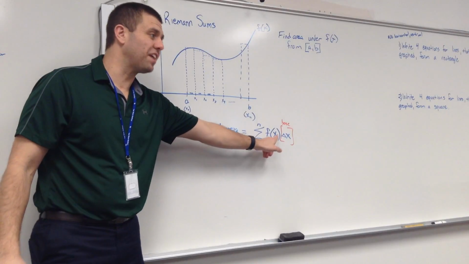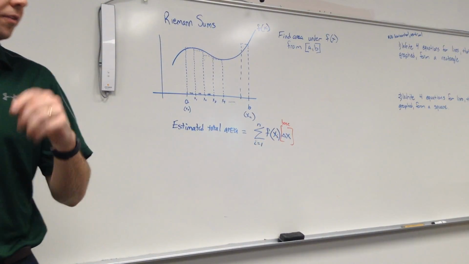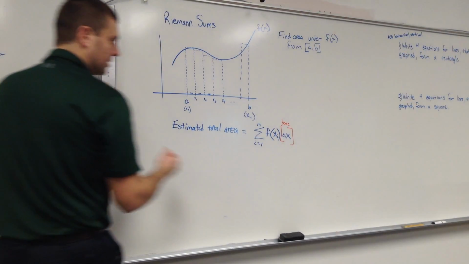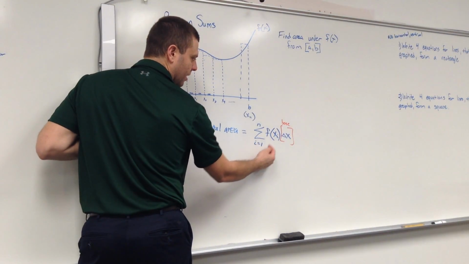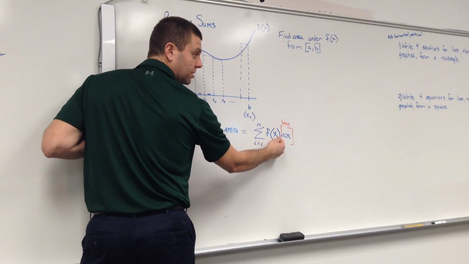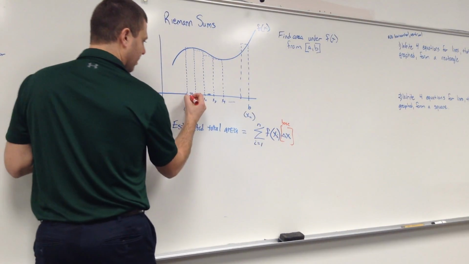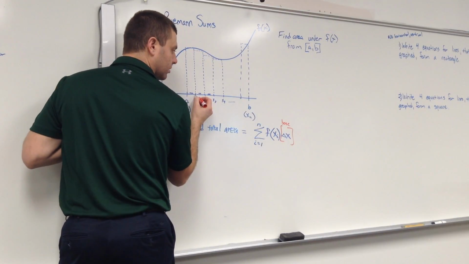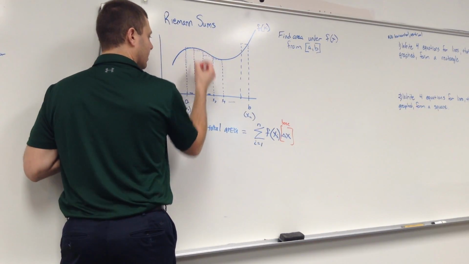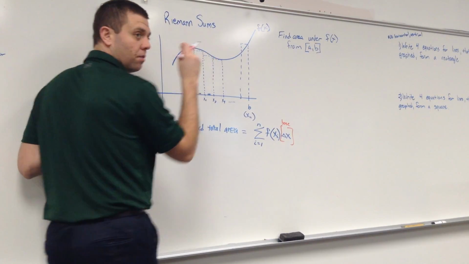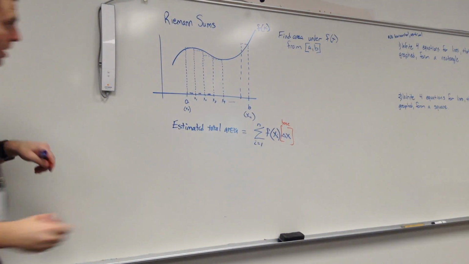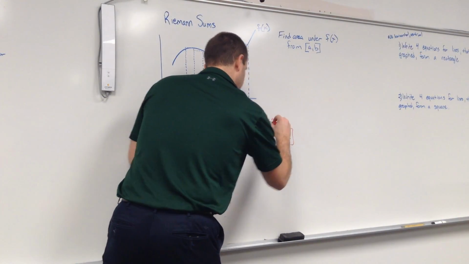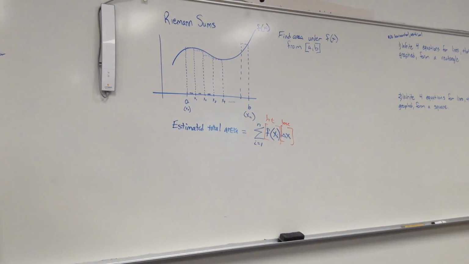And f of x sub i would represent the height of each rectangle. For instance, when i is 1, here's x sub 1, f of whatever that is, wouldn't that be the height? The value on that function there? So this part represents the height of each rectangle.